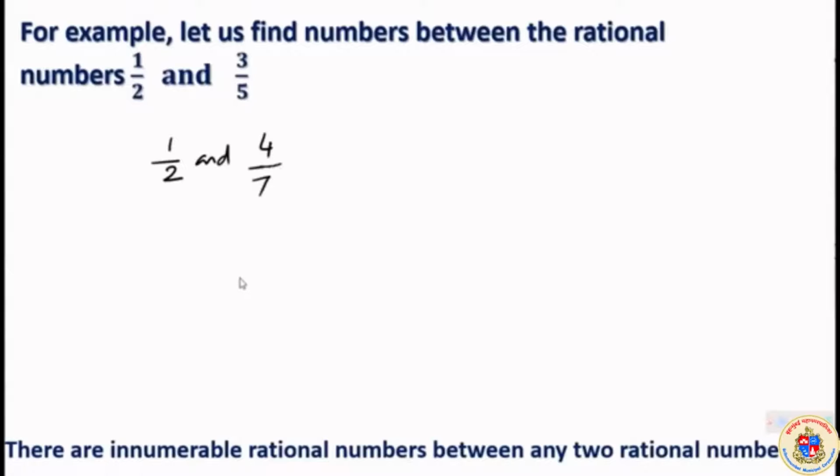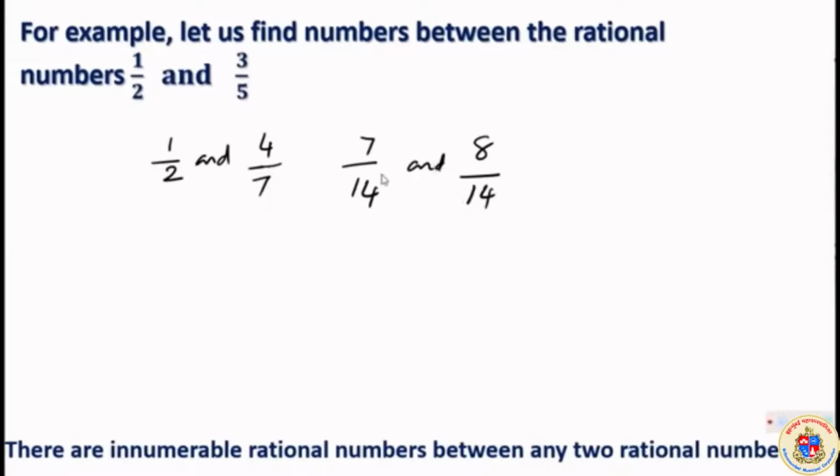Now again the denominators are different, so we need to compare them. 1 upon 2 and 4 upon 7, we can make the denominators 14. By multiplying, it will be 7 upon 14 and 8 upon 14. Same situation came, so we don't have any numbers between 7 and 8.